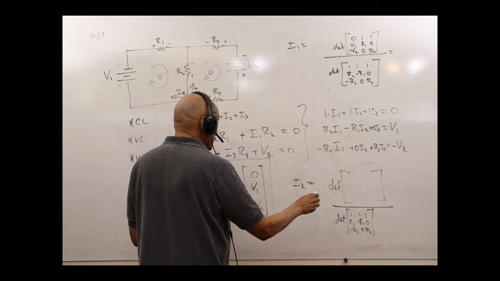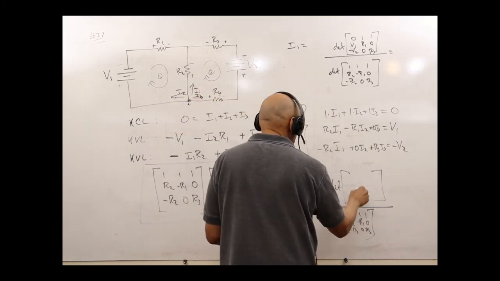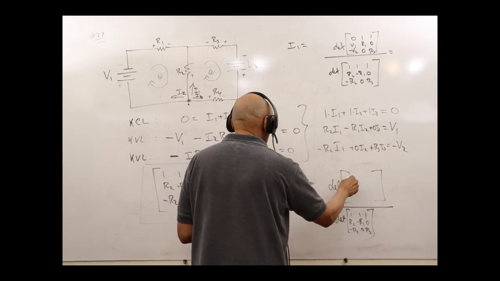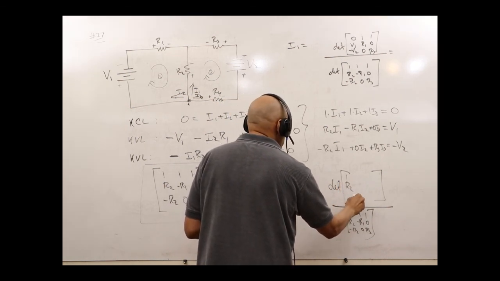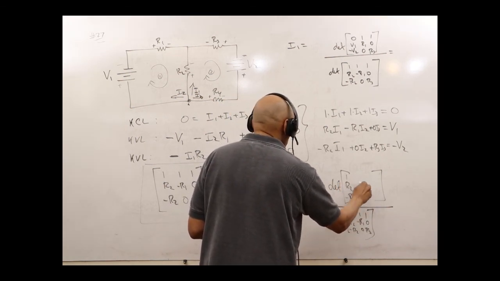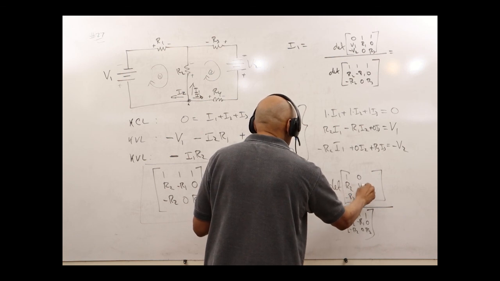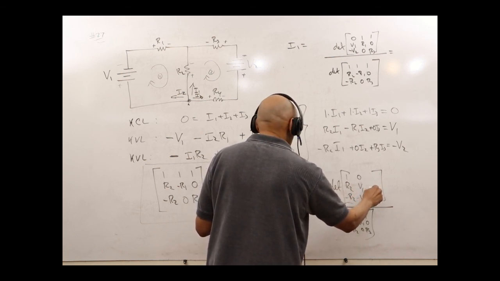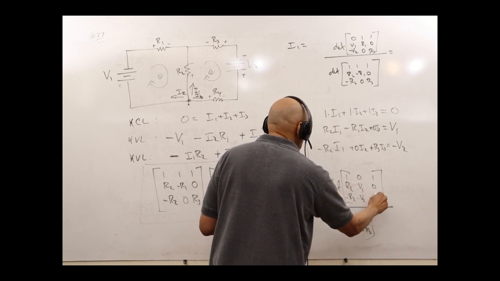And so it's basically same as your bottom matrix, but the second column is replaced with your other side. So this is 1, R2 minus R2, and we're going to replace with 0, V1, and minus V2, and 1, 0, R3.